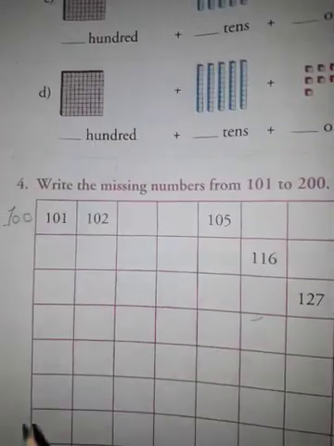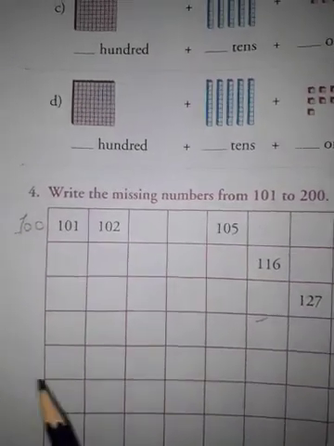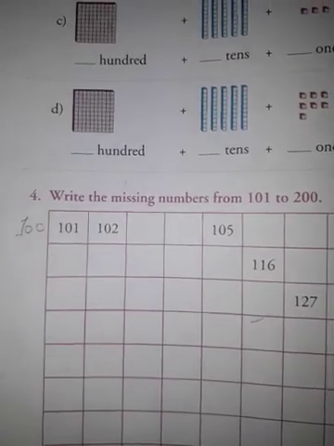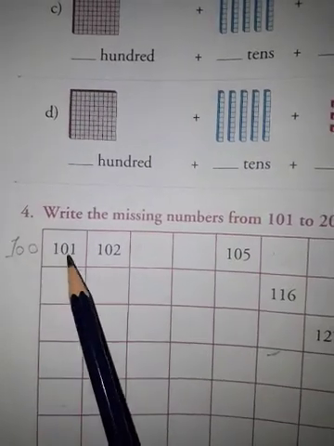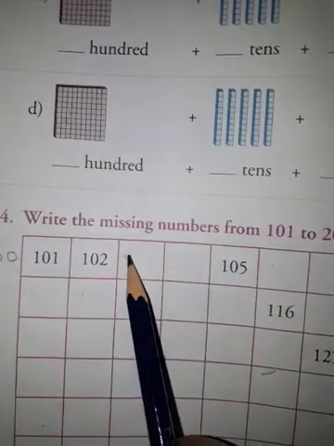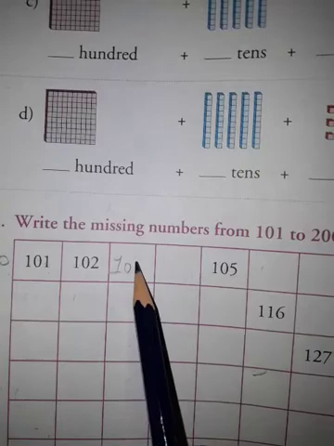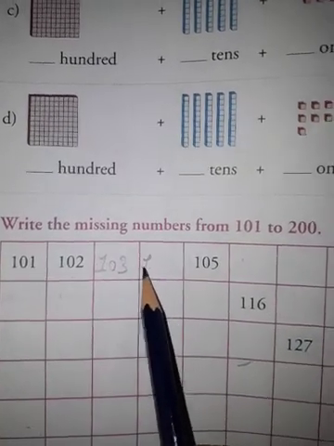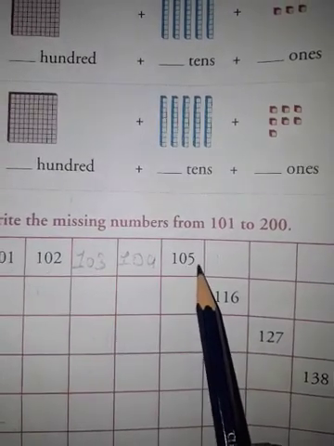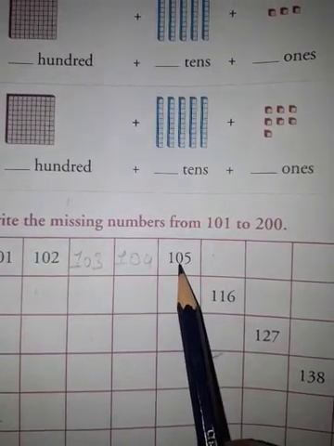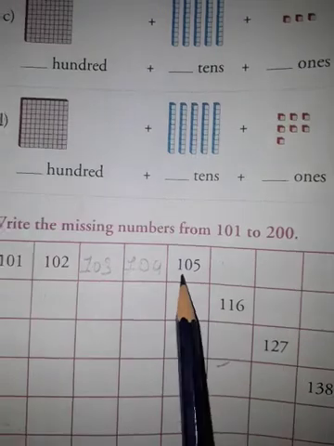So this process is repeated again and again, and you fill in the missing numbers. 100, 101, 102, and after 102 you get 103, and after 103 you get 104, and after 104 you get 105. 105 is given here.